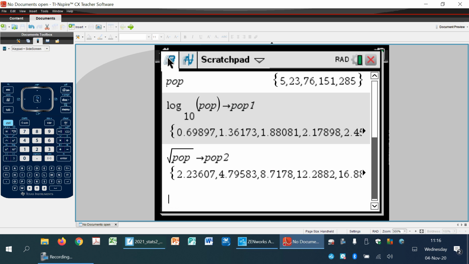All right. The first thing I did here was try to take the logarithm of the population. I stored it as pop 1, and it gave me another set of values. So we can go back in and use that to create a scatter plot.